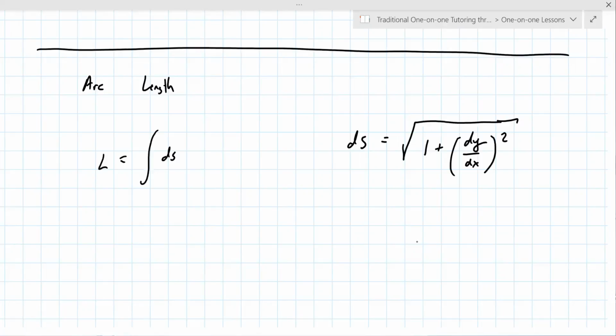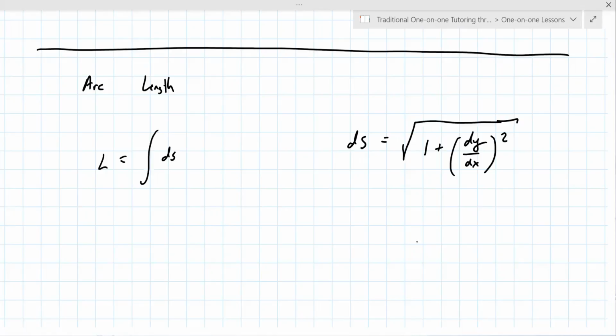Okay. Let me find some problems that are reasonable. So a lot of these end up being calculator problems, but let's see if I can find one that's not too bad.